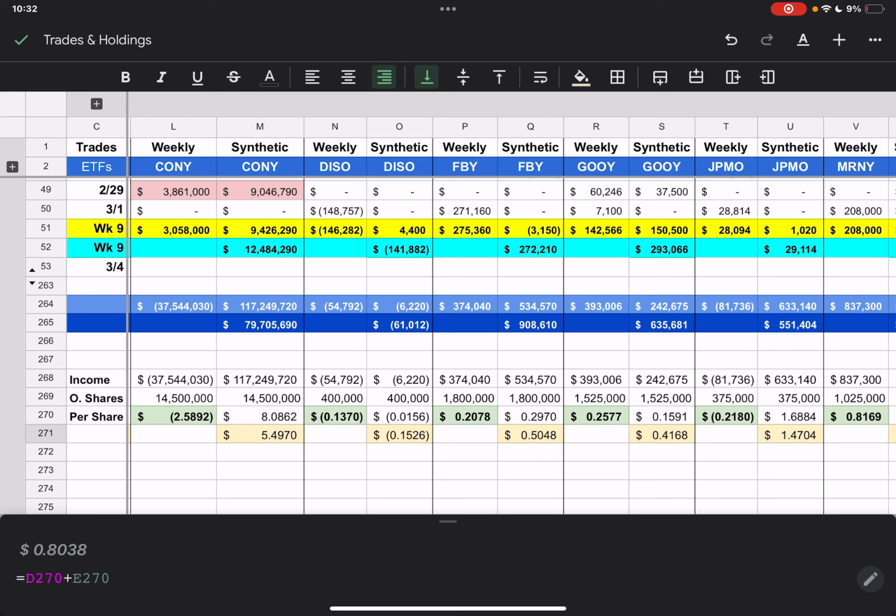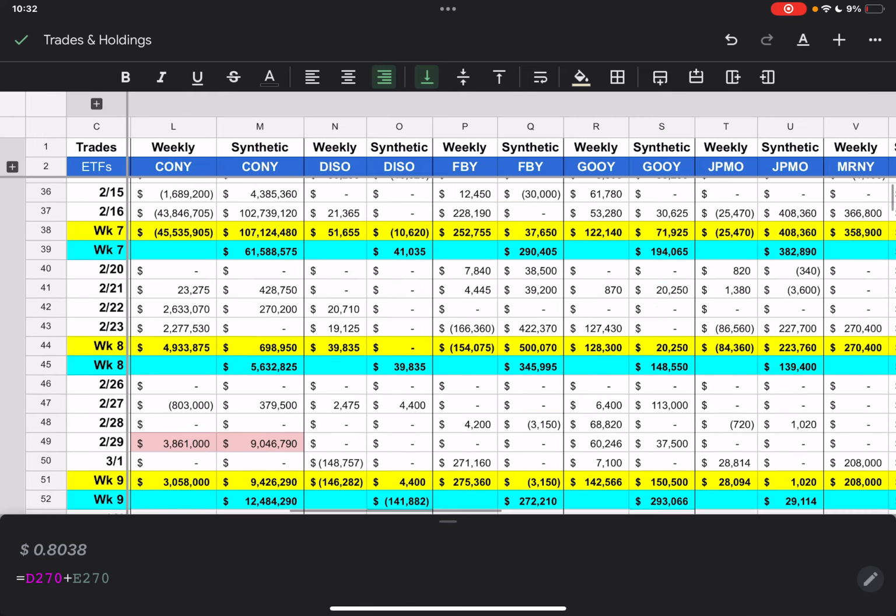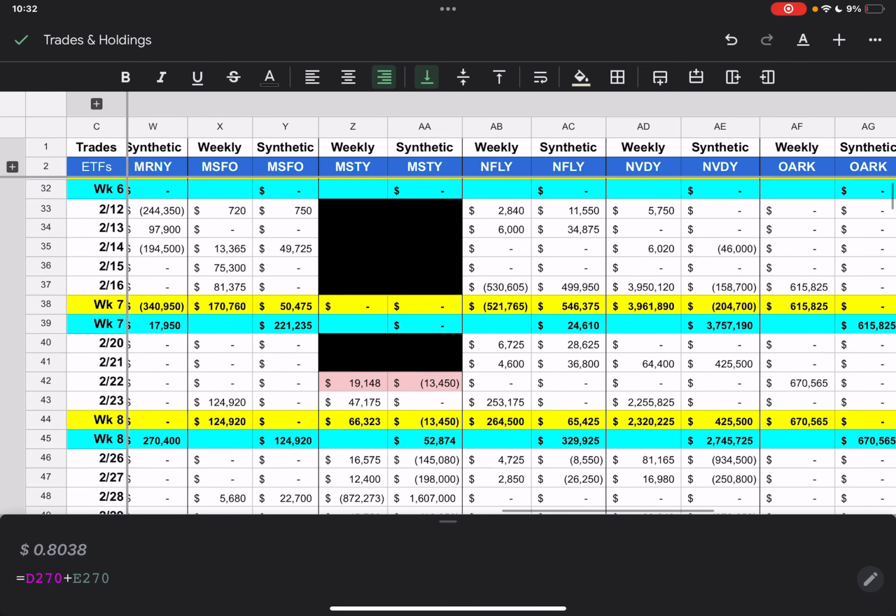And I asked him if he'd mind me using those numbers on my spreadsheet, and he said that was fine. However, in the end, I didn't. Here's the only reason I didn't: for MSTY, we did not have the first day. Let me just go over here because I have them right here.